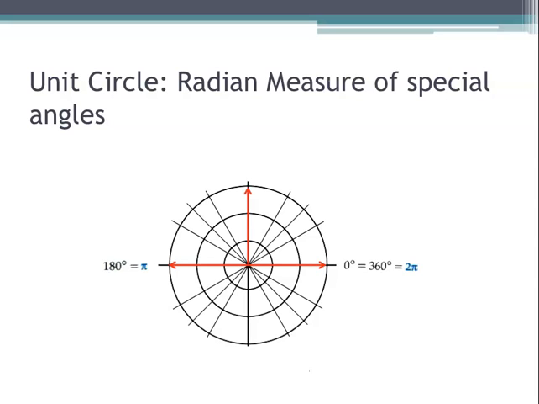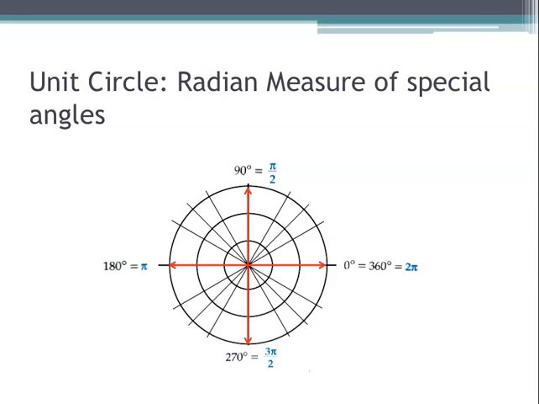Halfway between those two, 90 degrees, is pi over 2 radians. And 3/4 of the way, that is 180 plus 90, so 270 degrees, which is 3 pi over 2 radians.